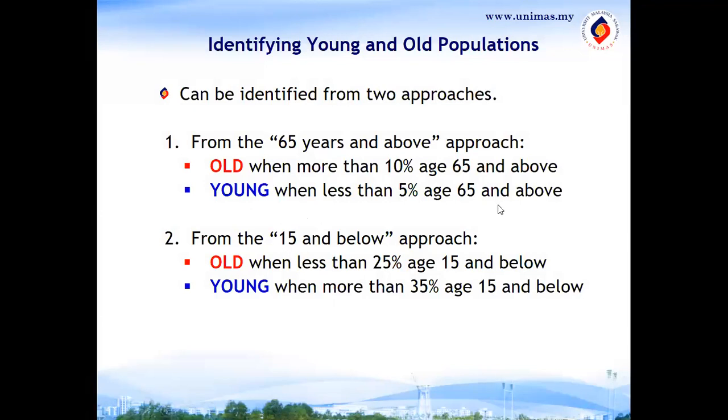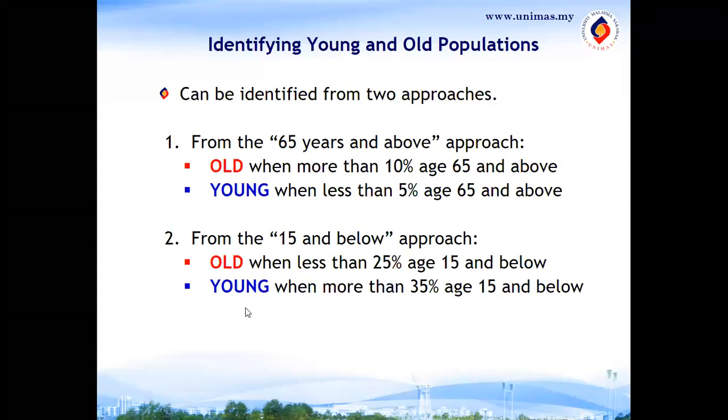Okay, so by the way, looking at this either through the first approach or second approach, if you look at the developed countries, most of the developed countries can be considered as old population. Kerana apa? Kerana if you use the first one, lebih daripada 10% daripada penduduk mereka berumur 65 tahun ke atas.